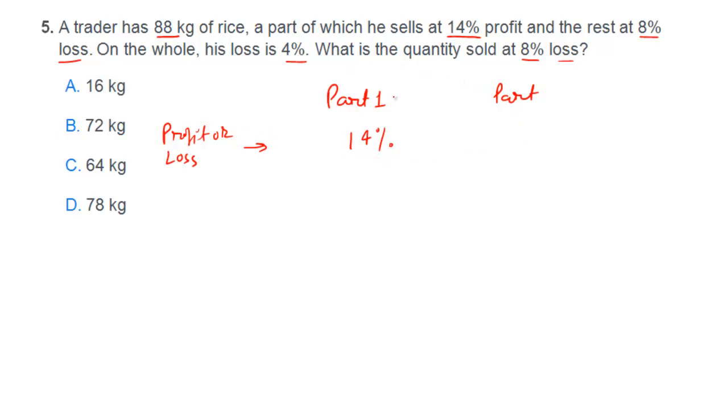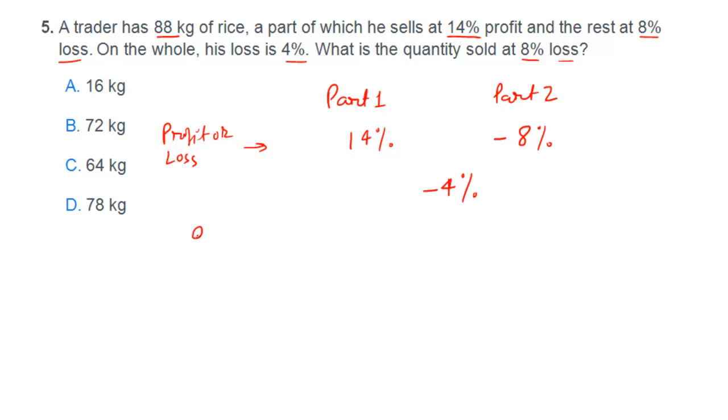Okay, so part 1 is sold at 14% profit and the other part is at 8% loss, so minus 8%, right? On the whole, his loss is 4%, so in the middle I will write minus 4%.